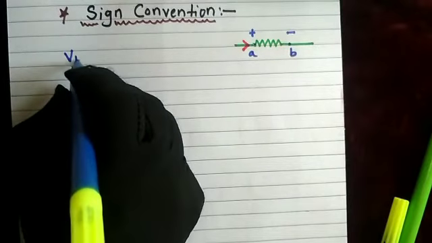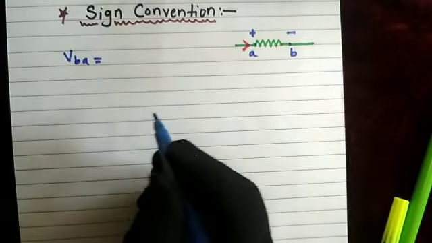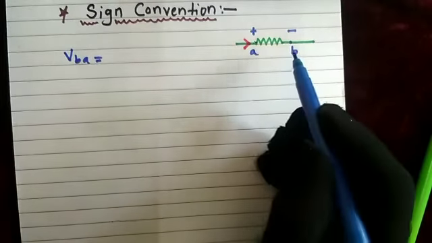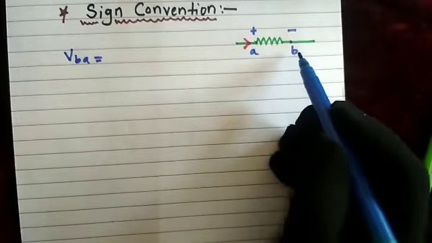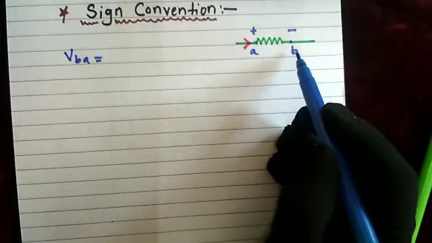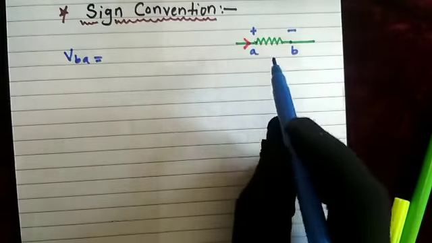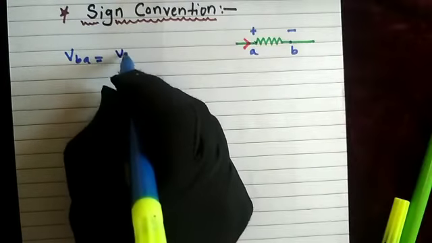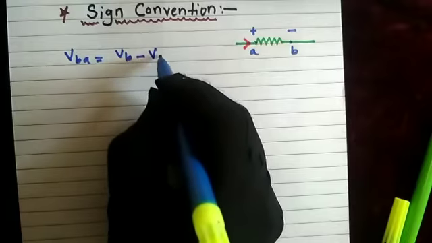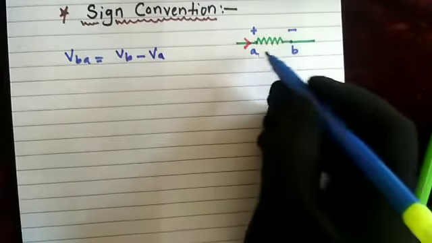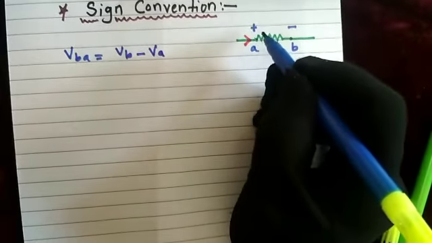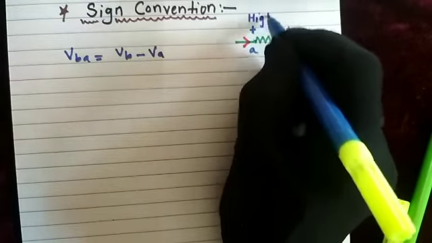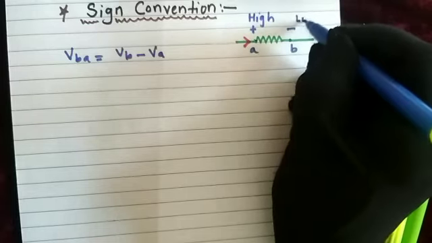To find VBA, as with the difference of anything, we subtract: final value minus initial value. So VBA means potential at B minus potential at A. You can see the polarity at A is positive, which is considered high, and negative is considered low.